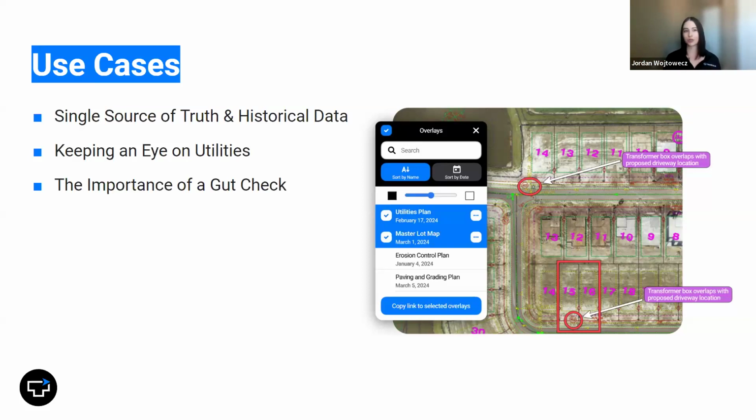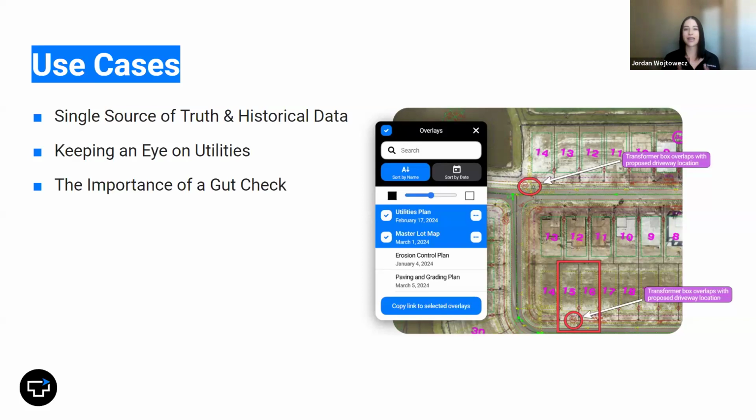And the second has to do with utilities, whether that's your water going in, different things like that. We had a customer in the Pacific Northwest who actually utilized our overlays tool, which you could see in that picture there, and I'll go over that a little bit later. But he was actually able to identify a utilities trench, the movement started happening right where a future home was supposed to be.